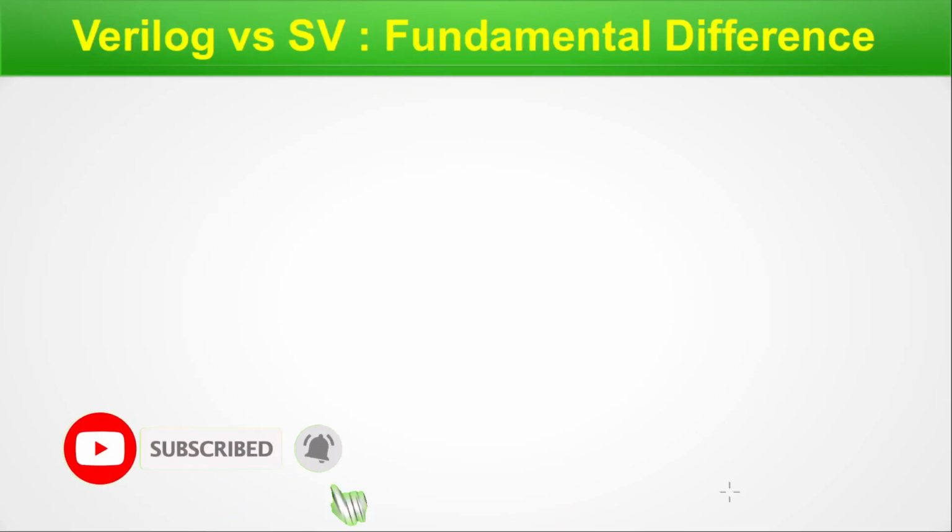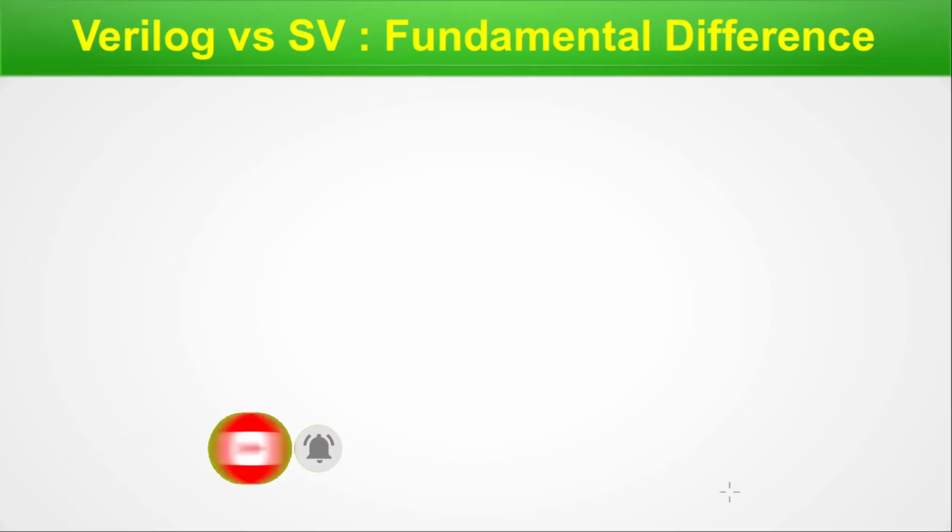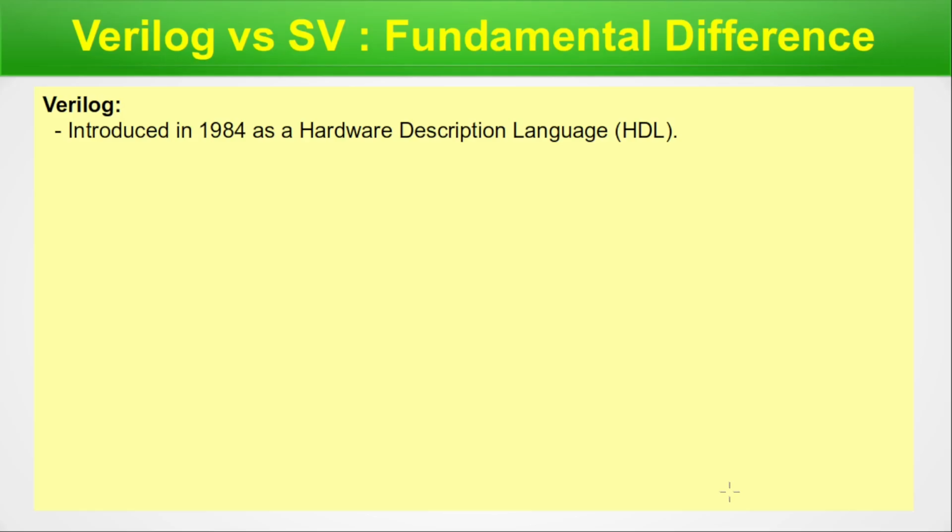Verilog versus SystemVerilog, the fundamental difference. Verilog was introduced in 1984 to help describe how electronic circuits work, kind of like writing a blueprint for a building but for digital systems.